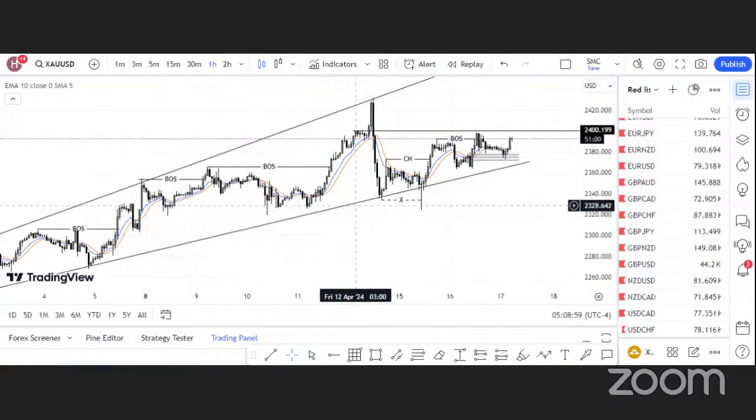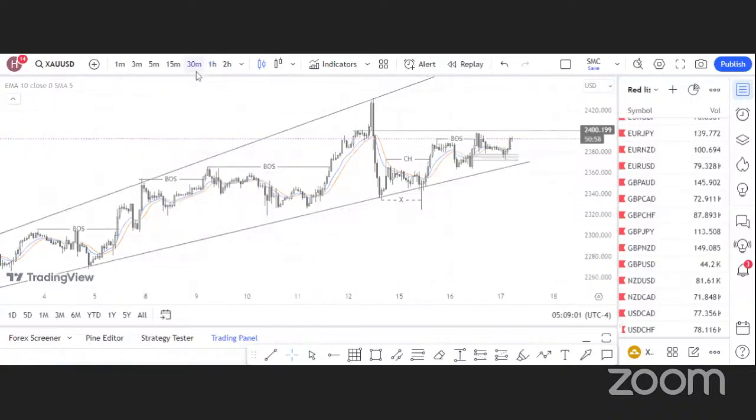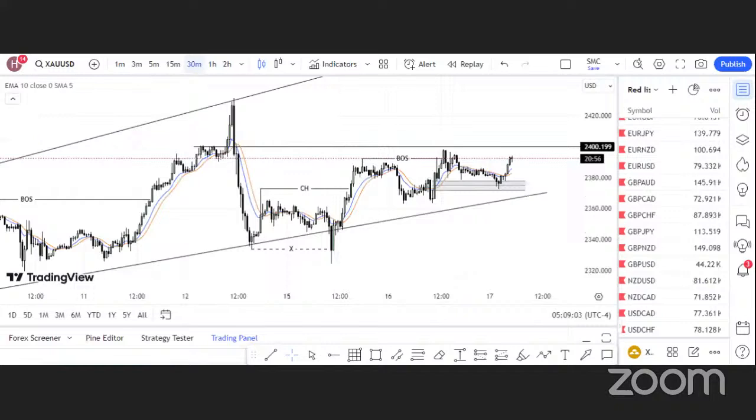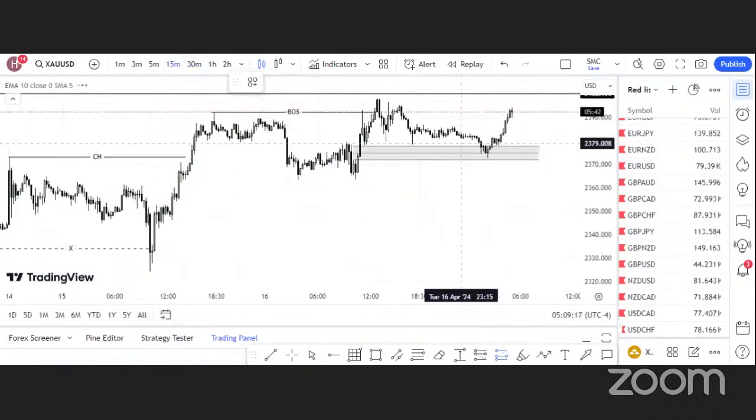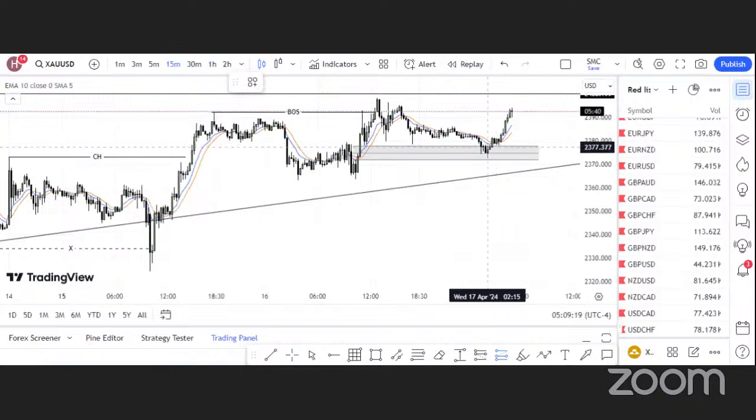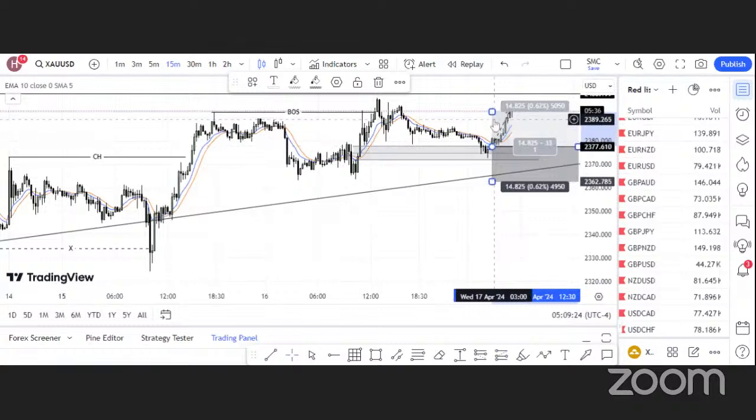All right, so let's go back to the 30 minutes time frame. On the 30 minutes time frame, as you can see, the market has moved way past our entry point. This could have been my entry.